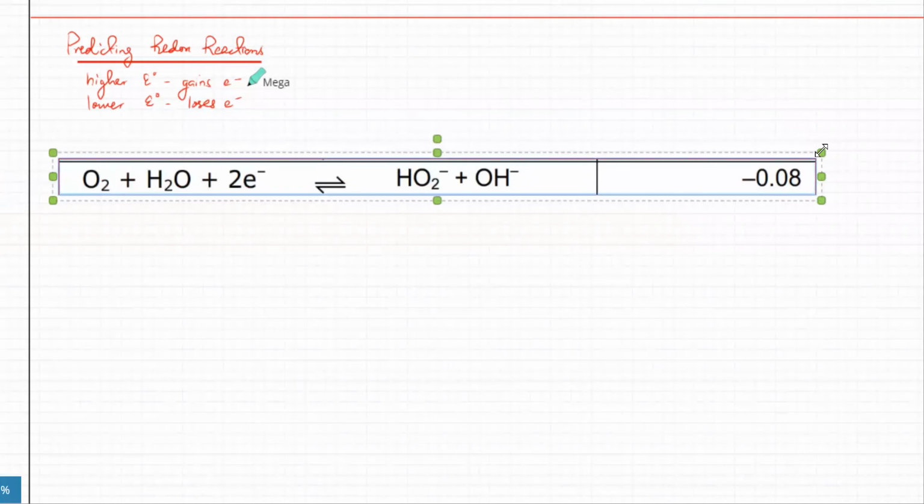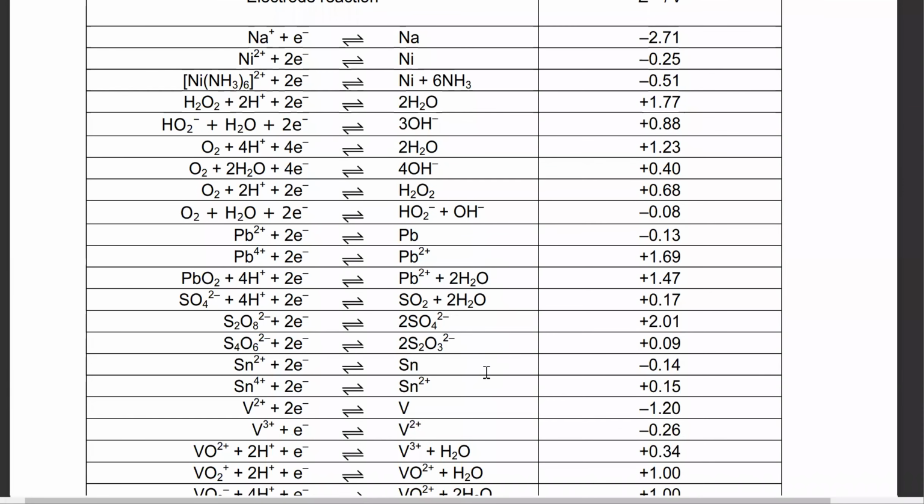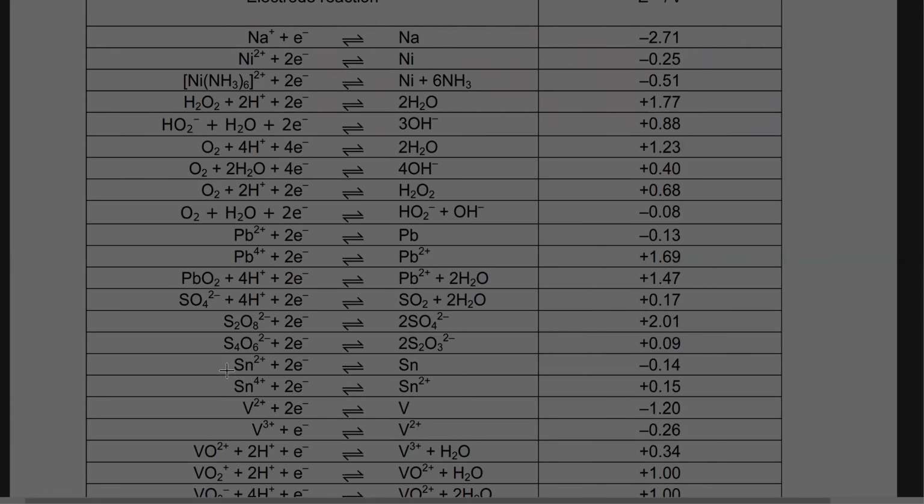So that's one of my electrodes. And let me pick another one. Let's pick the tin electrode.